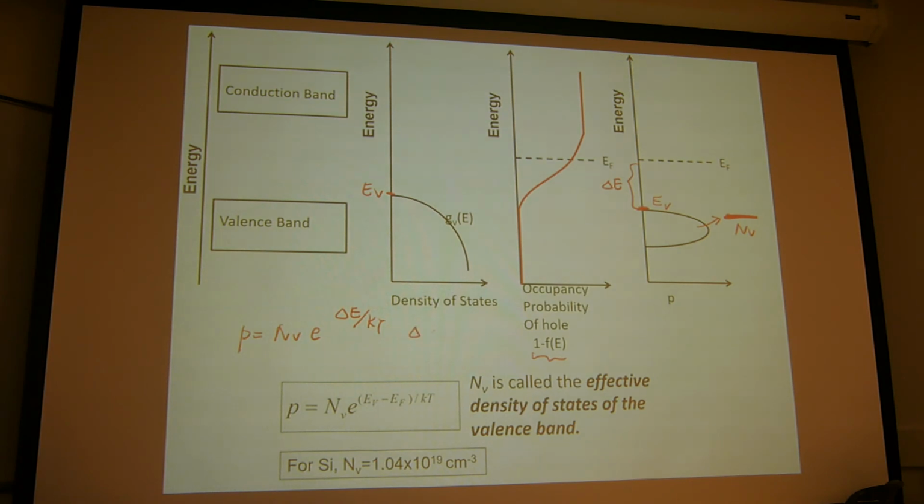Again, this delta E is always negative, so you will always get P smaller than NV. And for silicon, NV is 1.04 times 10 to the power 19. Any questions here?